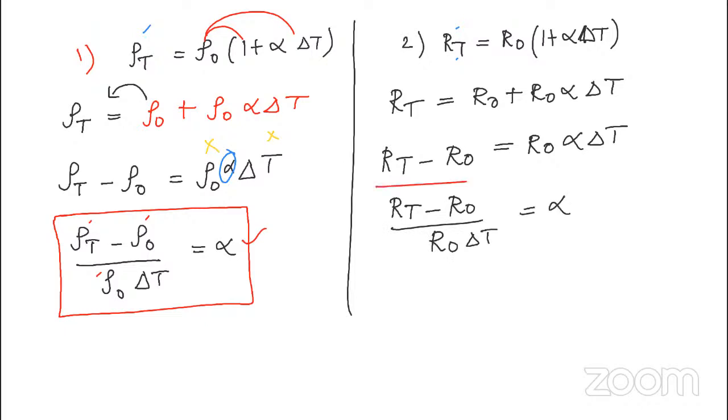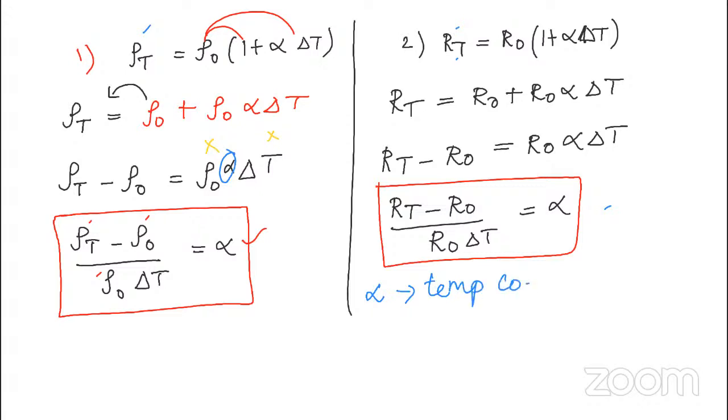Comparing these two, only rho has changed to R, that's the only difference. Here, keep in mind that alpha is nothing but the temperature coefficient of resistivity.